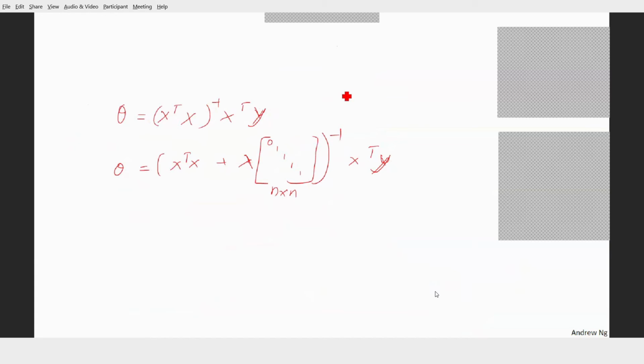So if the number of attributes that we have is 3, finally it comes out to be 4 because we also add the x0 term.